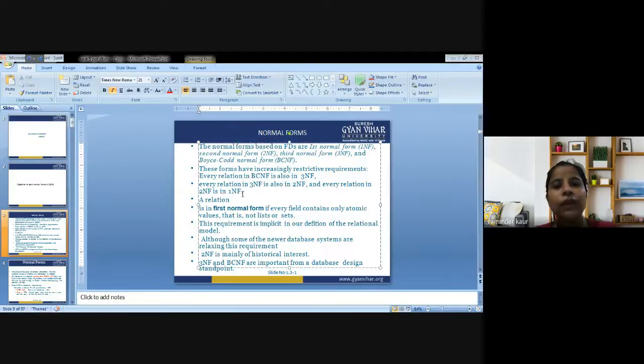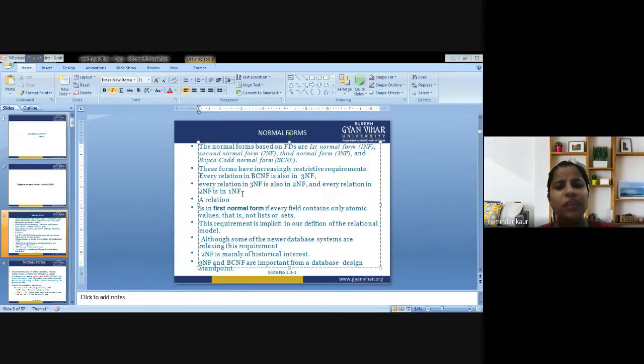Our relation is in the first normal form if every field contains only atomic values, that is, not lists or sets. This requirement is implicitly part of the relational database model, although some of the newer database systems are relaxing this requirement.